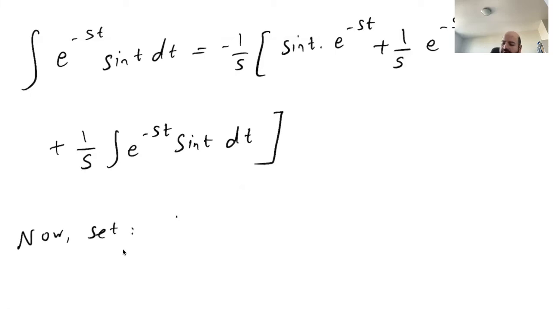this integral, I can call it I, or you can call it x, whatever you like. Let's say I equals integral e to power minus st sine t dt. Then what do we have?